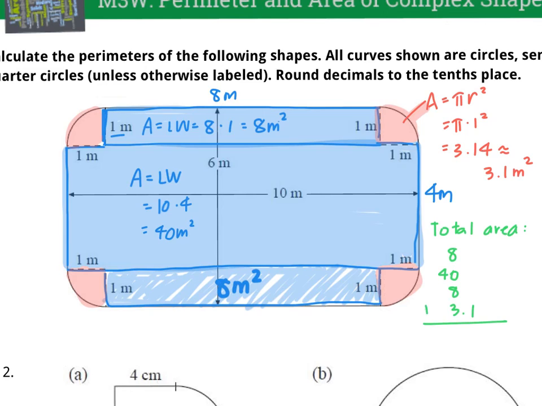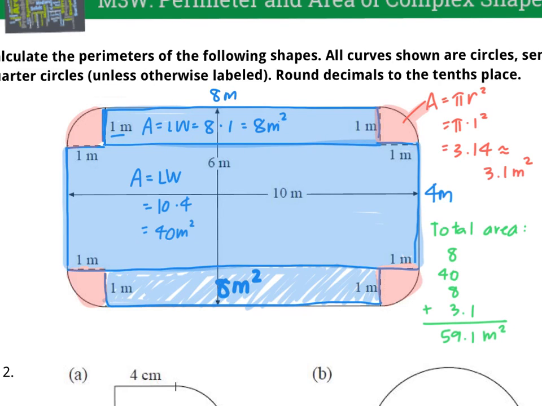Add these all together. These are all in meters squared. And what I'm going to come up with when I total that is 59.1 square meters.